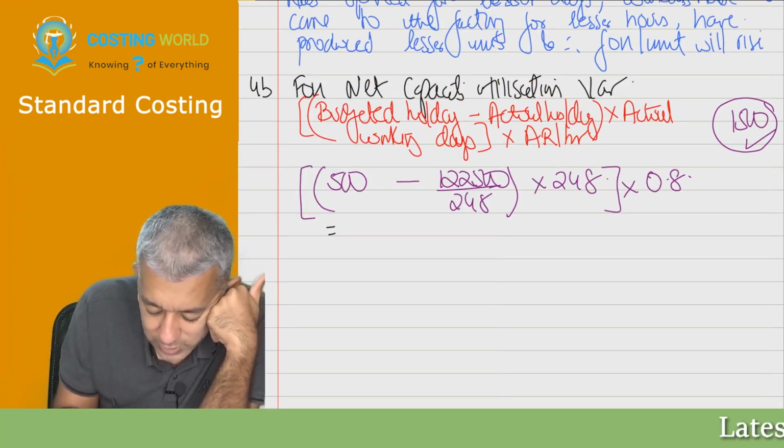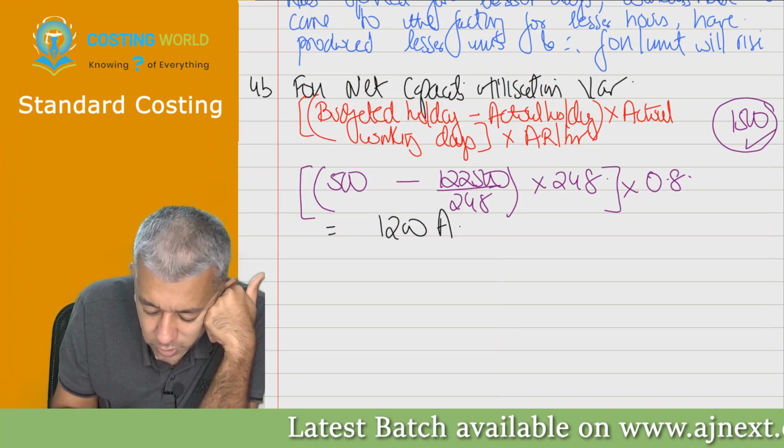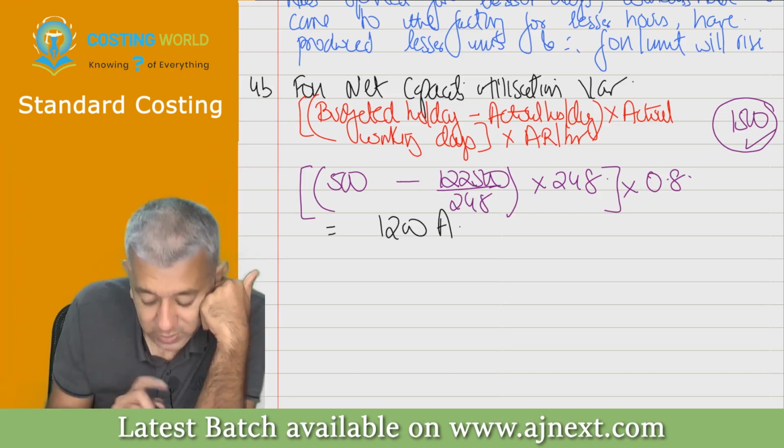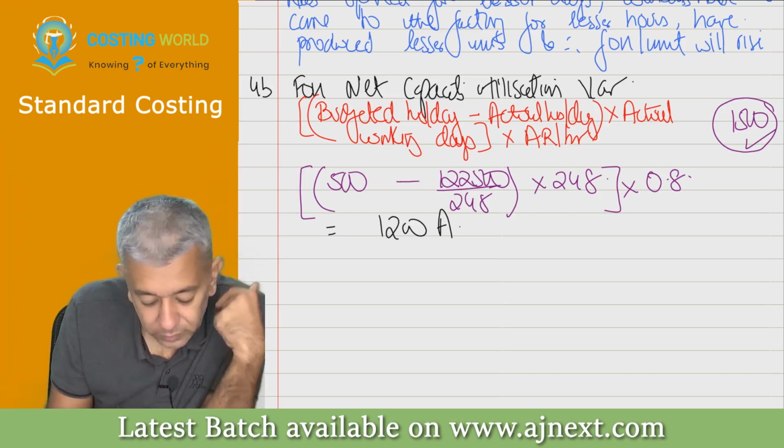You all compute this answer. It should be 1200. It is adverse. Why is it adverse?